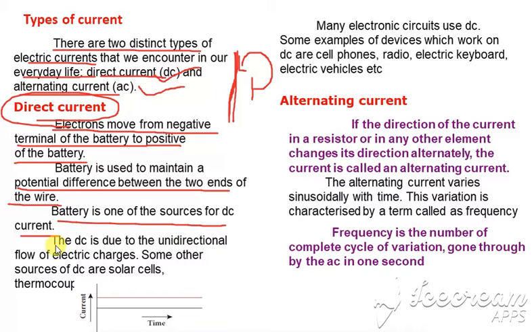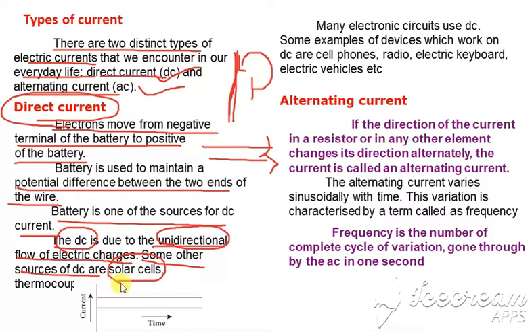Direct current is due to the unidirectional flow of electric charges. The electric charges flow in only one direction. That is said to be unidirectional. Some other sources of DC are solar cells and thermocouples.